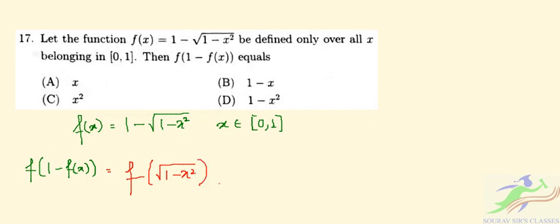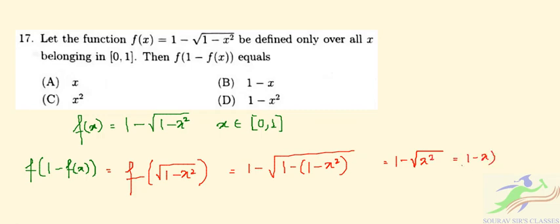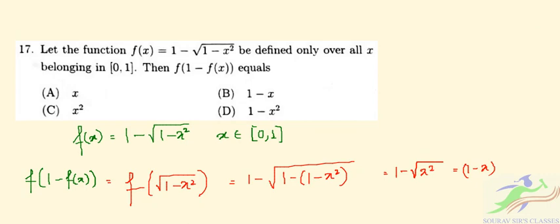So f of that is nothing but 1 minus root over 1 minus x squared, which is x squared. Here the 1 will cancel out and it will be simply 1 minus x. So the correct option for f of 1 minus f x is 1 minus x, so B will be the correct option.